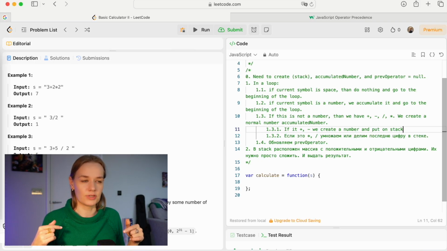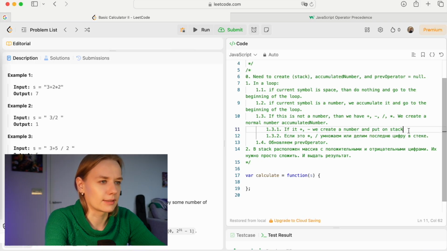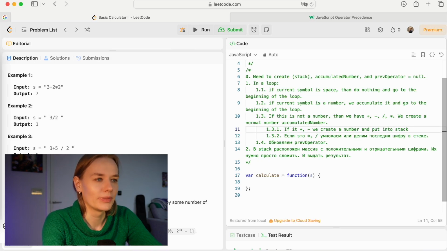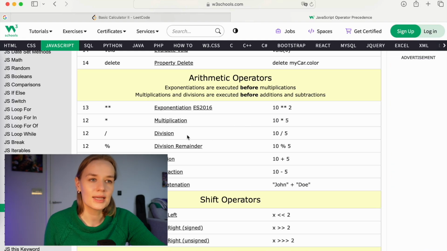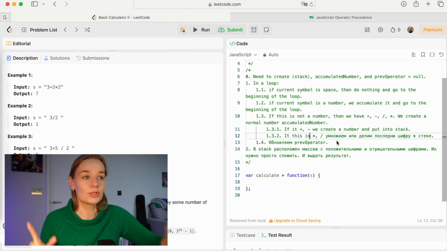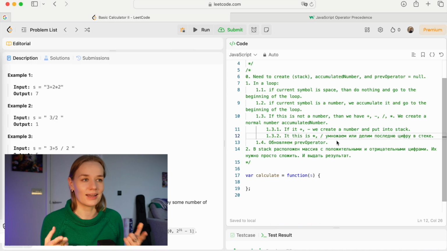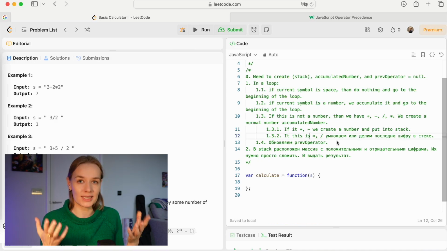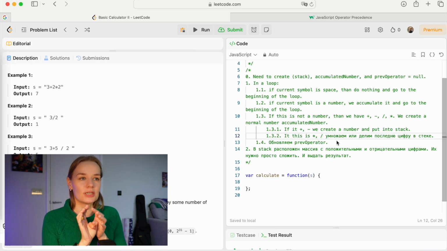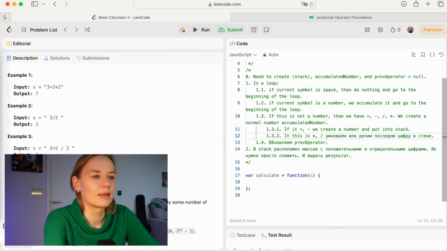If it is multiplication or division, we need to do this operation: pick up the last number from our stack and make the multiplication.